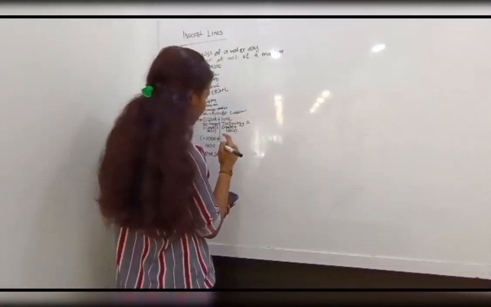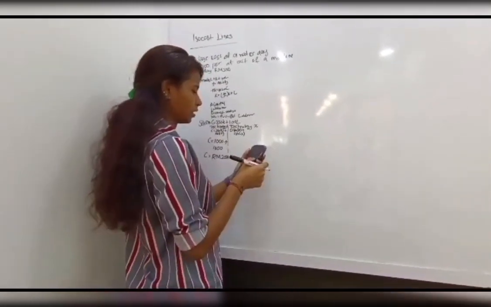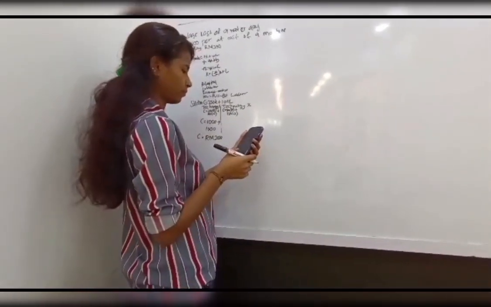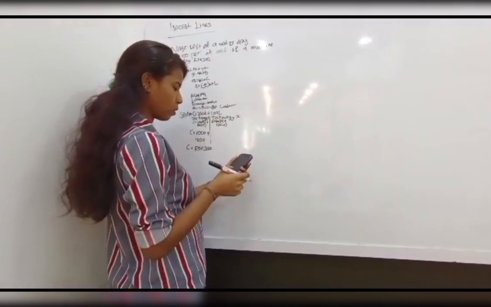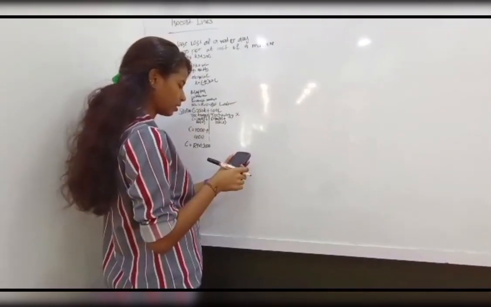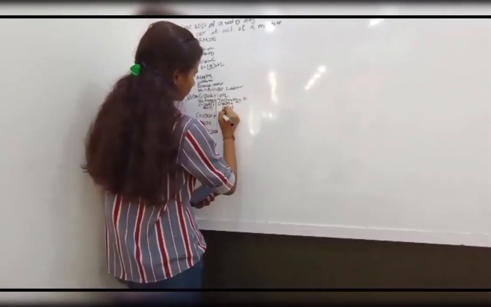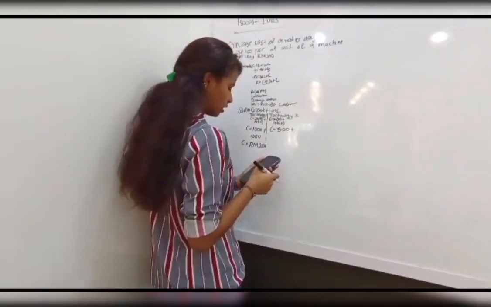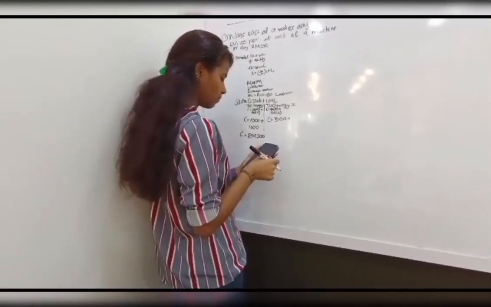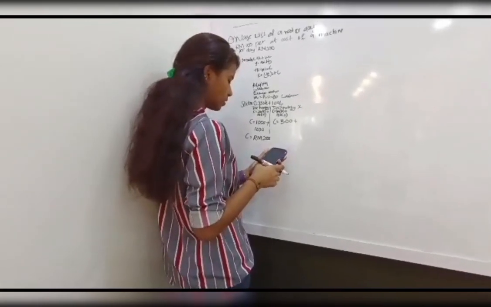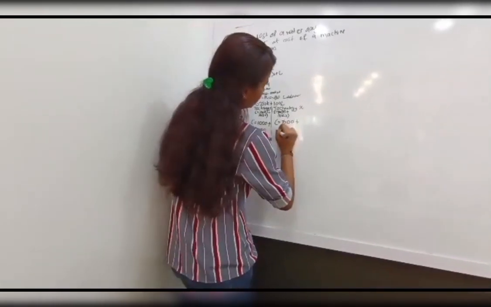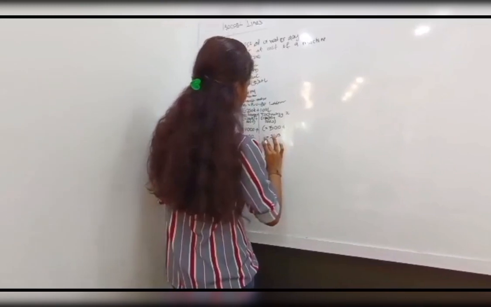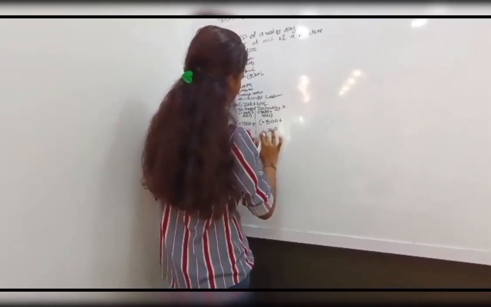In here also 30 times by 10, it's equals to 300. 300 plus 100 times by 2, which is 200. Sorry.